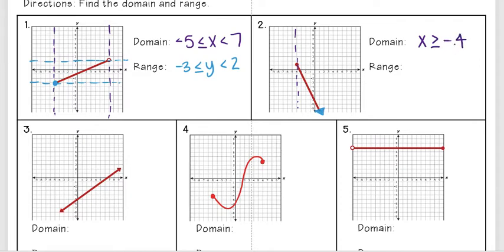So again, the reason I got that is I know that x is always bigger than -4 because it never goes to the left of it. I can't do the other bound to my inequality because there's an arrow right here. So you can kind of think of this as what we did in chapter 2 as being -4, and then I had the arrow to the right.